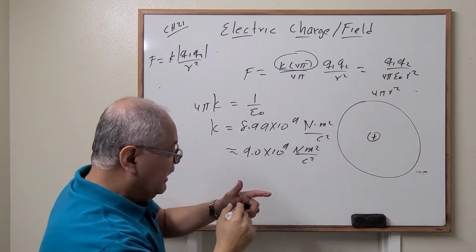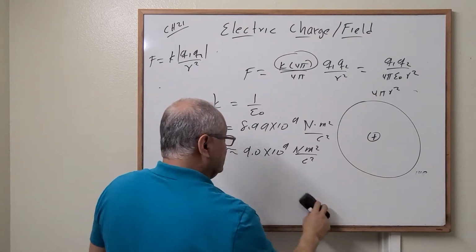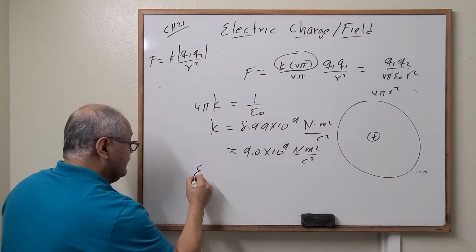This epsilon naught is called the permittivity of free space. It also has a value.